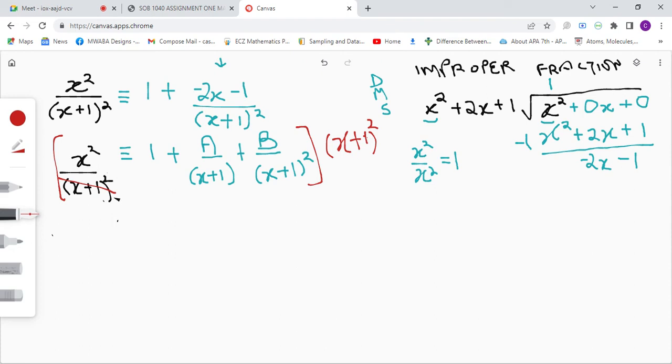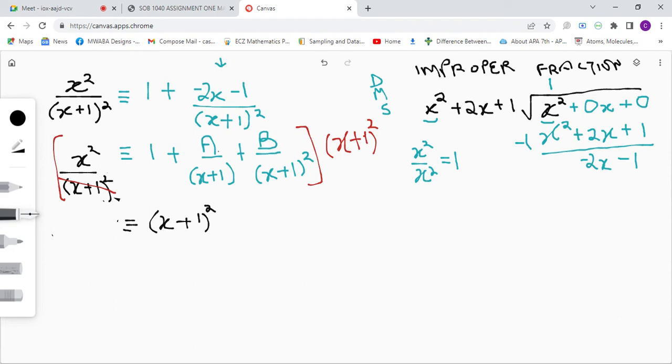And then if we multiply 1 times (x + 1)², we're going to get (x + 1)².